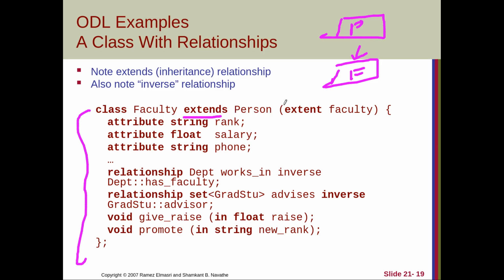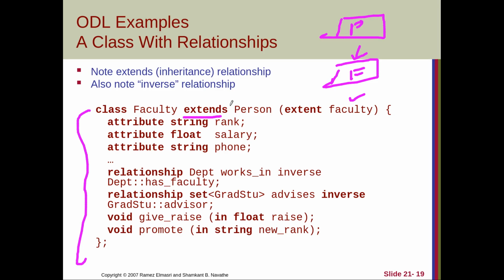Then we are specifying an extent. We don't actually require this extent usually, but most of the time we specify an extent for providing the persistence feature to all the objects that we are creating, by giving an extent name and making that name the persistent object name.